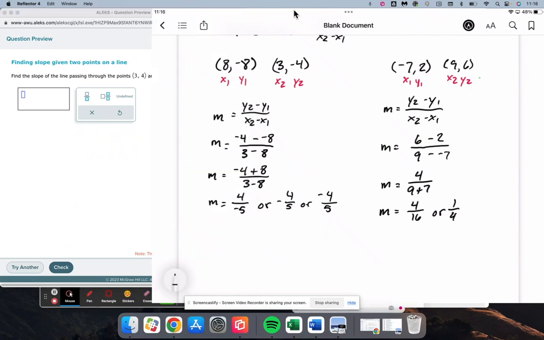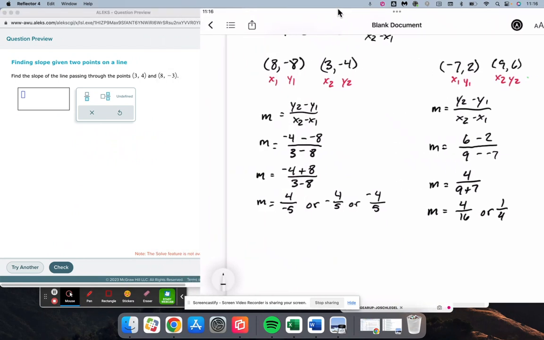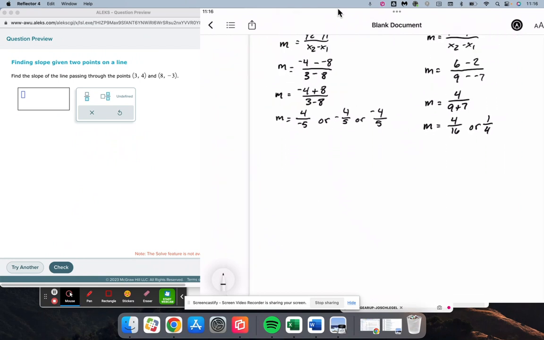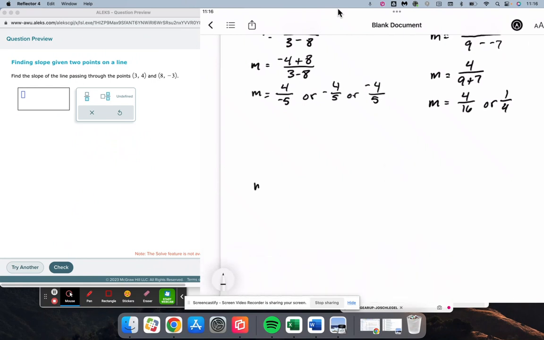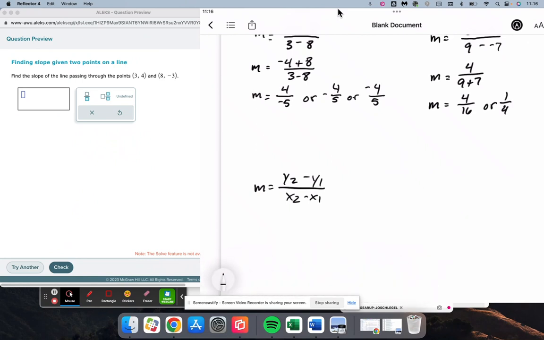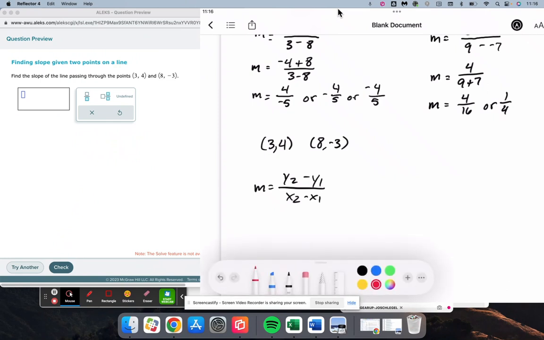So again, we've got 2 points. We're trying to find our slope. Slope formula. M is equal to y2 minus y1 over x2 minus x1. Our first point is 3, 4. Our second point is 8, negative 3. x1, y1, x2, y2.